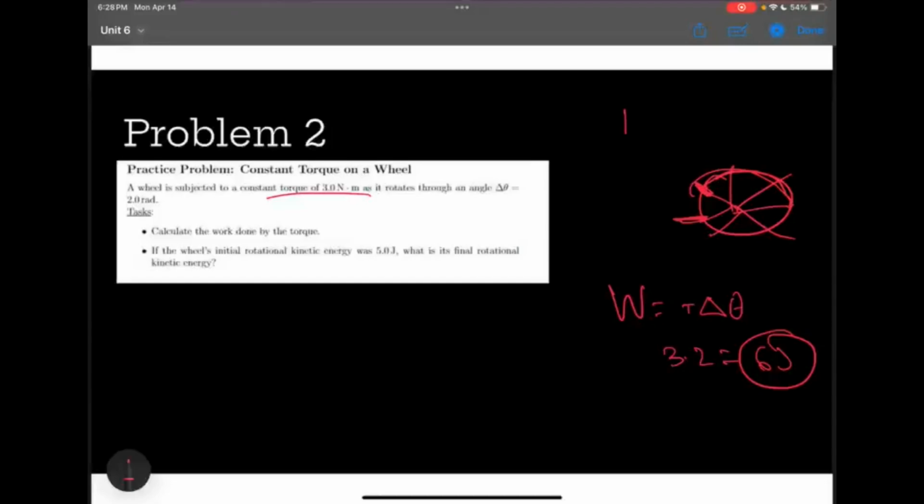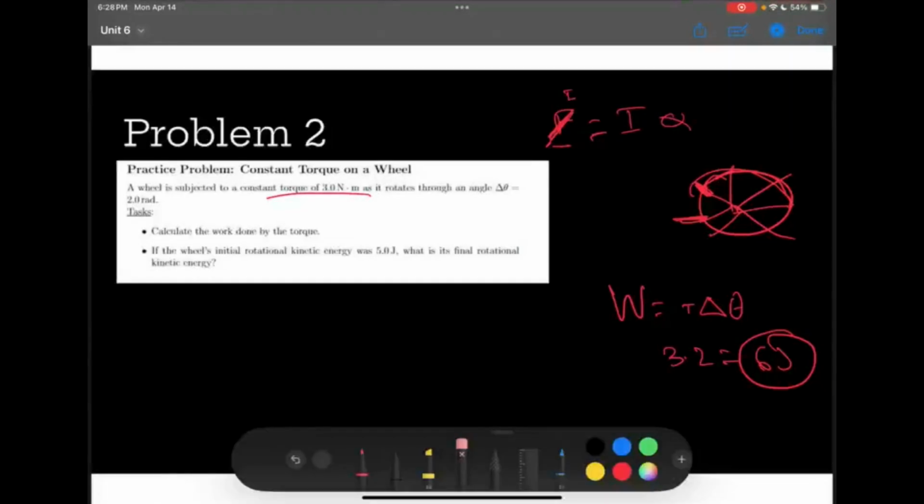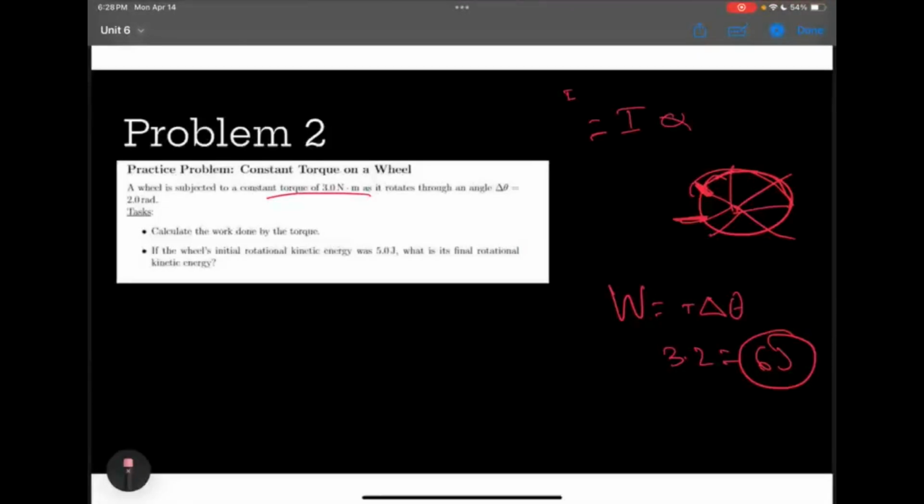Now we can think about Newton's second law in rotational form, if we're applying some torque to this system. And so we're increasing its rotational kinetic energy, which means that some work is being done. So if the wheel's initial rotational kinetic energy was 5 joules, so maybe the wheel is already spinning, what's its final rotational kinetic energy?